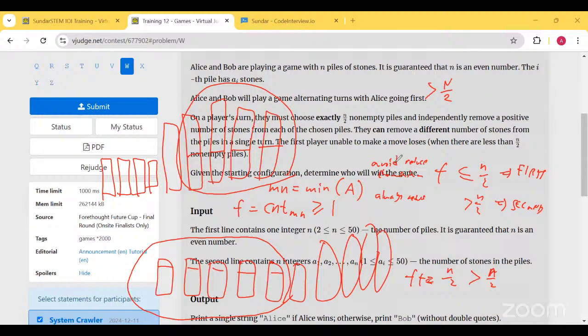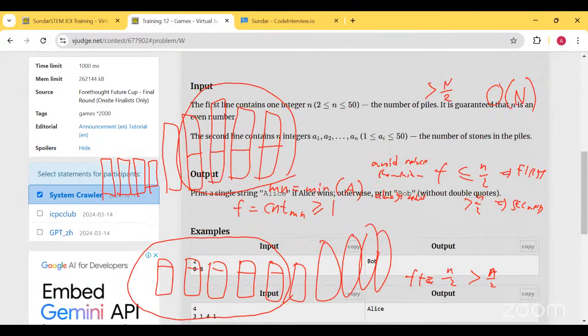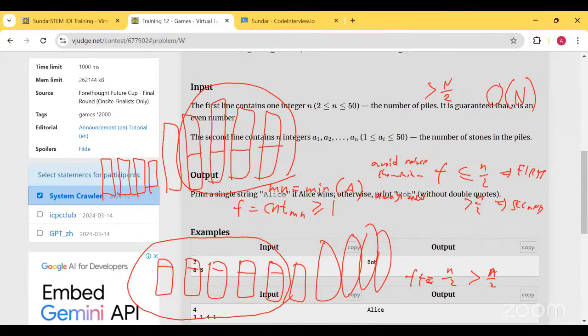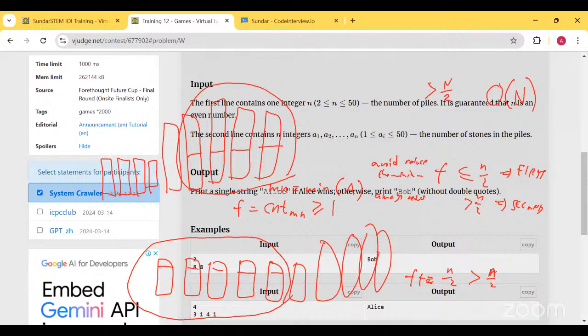And finally, the solution for this problem is complexity O(n). But when the problem author makes n small, 50, maybe to distract the participants.